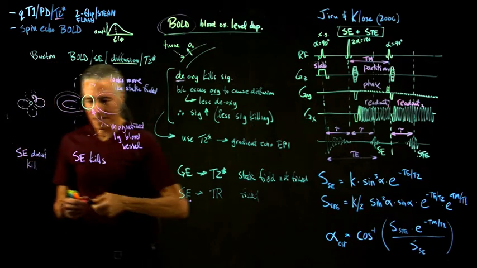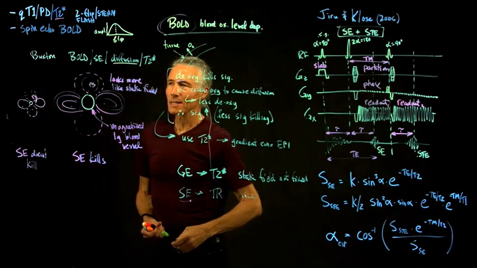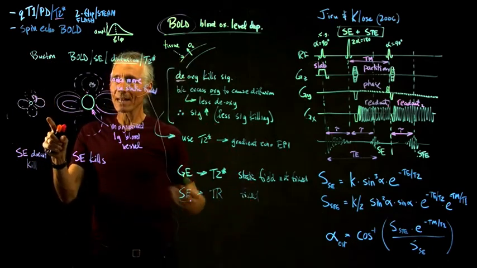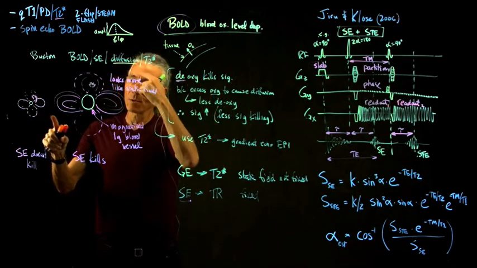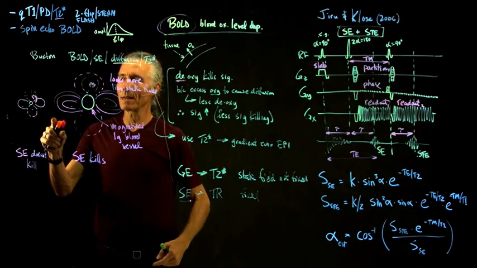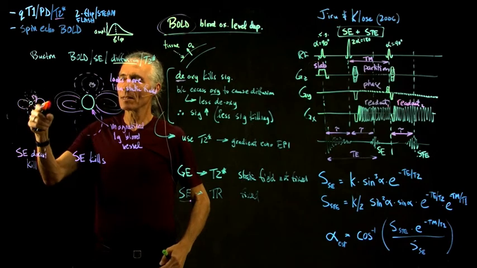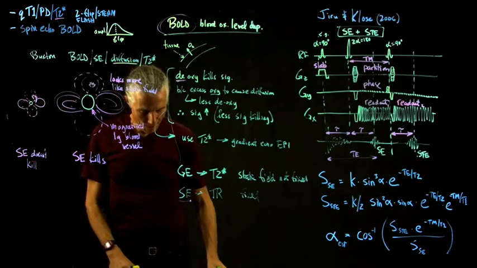So the argument is that you really want to do spin echo for BOLD, because spin echo will give you a signal that's mainly coming from the tissue around the small capillaries.